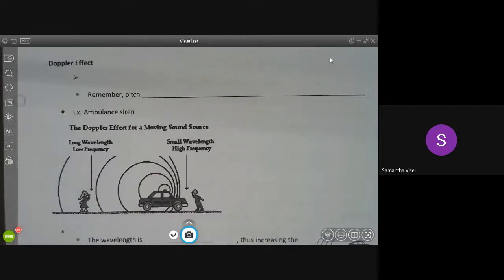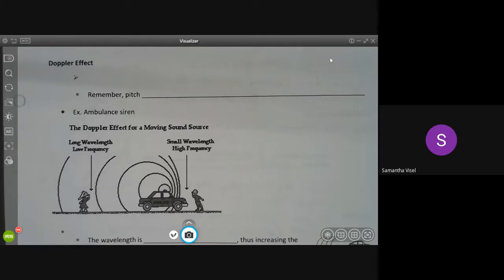So this last little section of our notes, we're going to look at a phenomenon that's related to sound and pitch known as the Doppler effect. And this is where I have another movie that we're going to watch at the end of these notes.